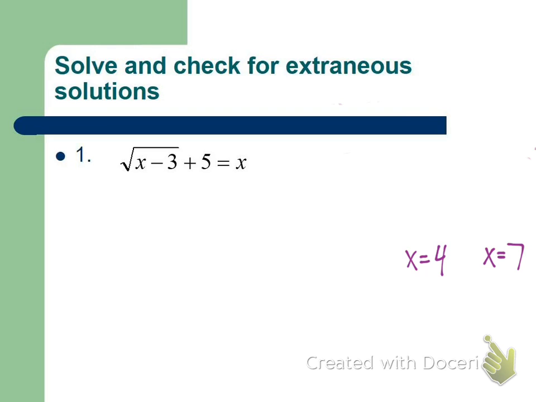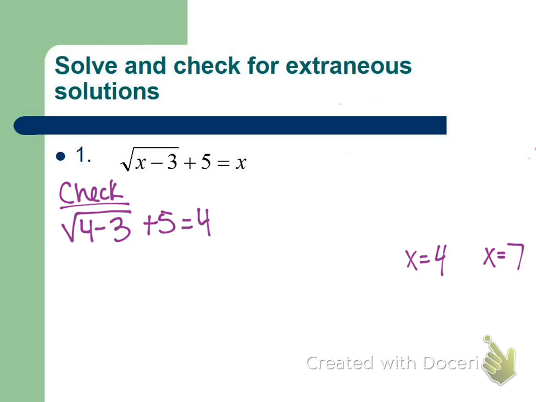Okay, I heard 4 first, so we'll check 4. We'll check them both. Here's our check step. So square root of 4 minus 3 plus 5. We want to know, will that come out to equal 4? So I plugged in the same x to both spots. Are we okay with that? Same x, both spots.